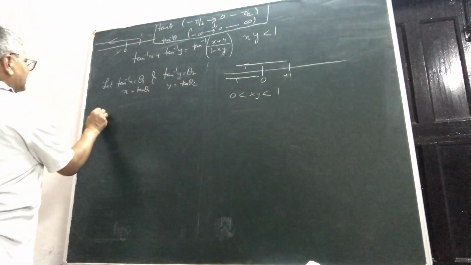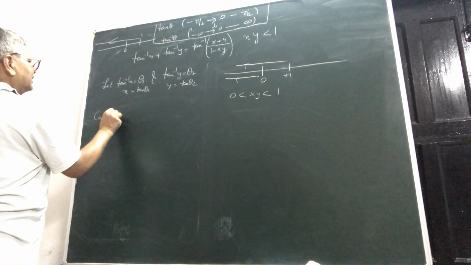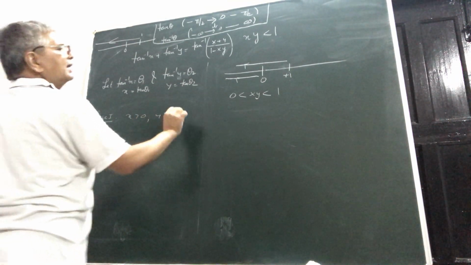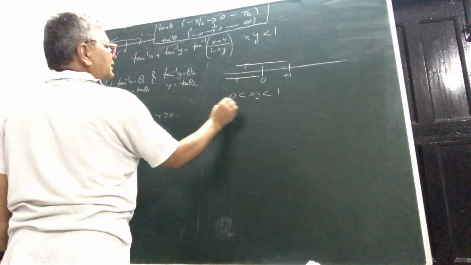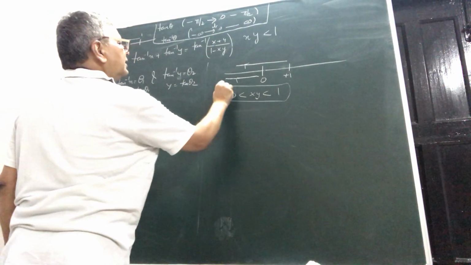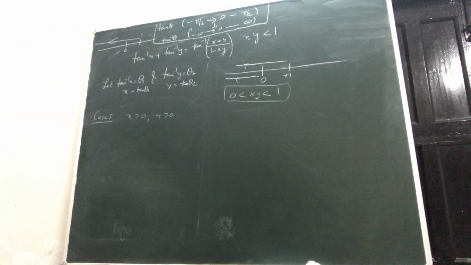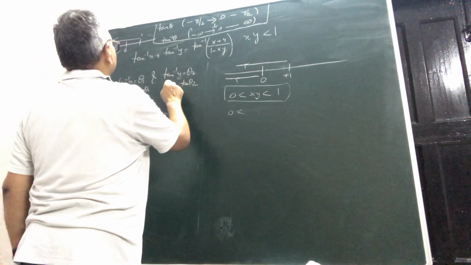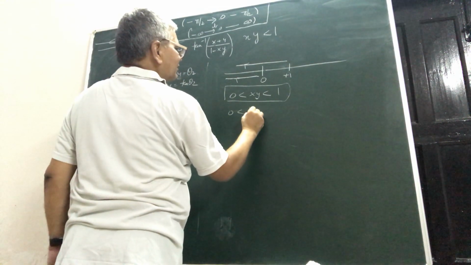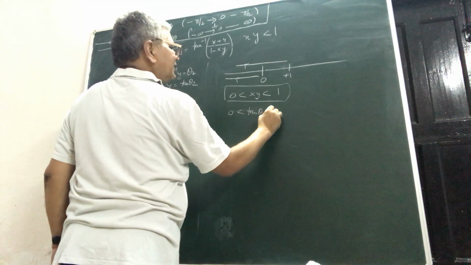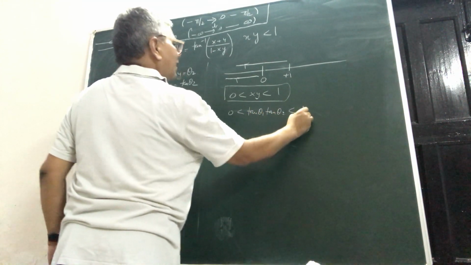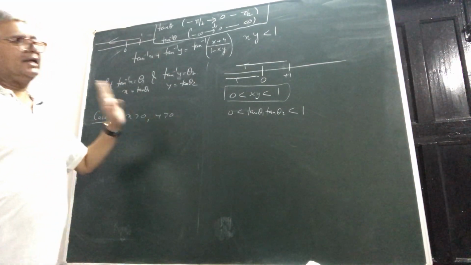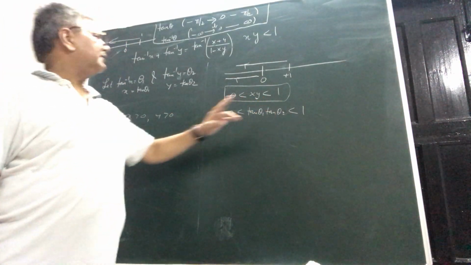So first case: x is greater than 0, y is greater than 0, and xy is lying between 0 and 1. What does it imply? 0 is less than tangent theta 1 into tangent theta 2, which is less than 1. Both x greater than 0, y greater than 0, and this is less than 1. This is the first case.